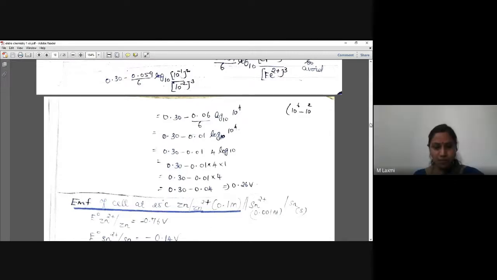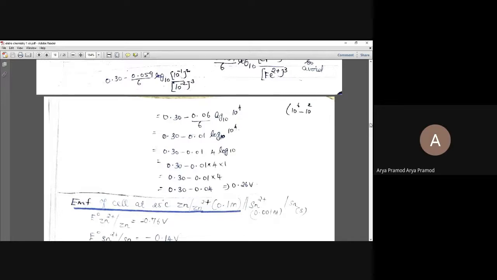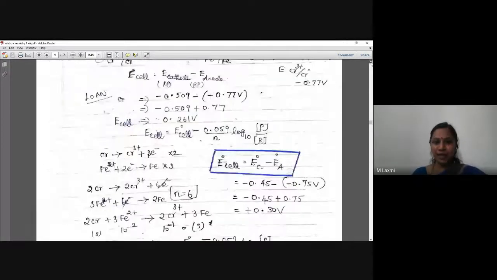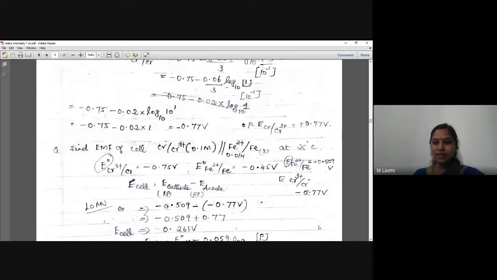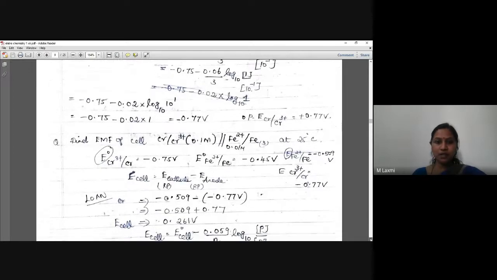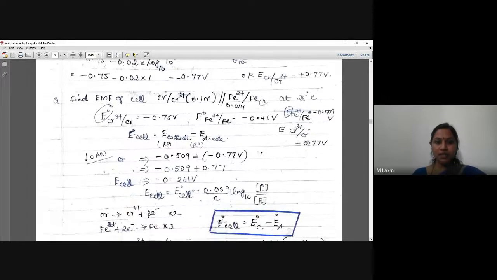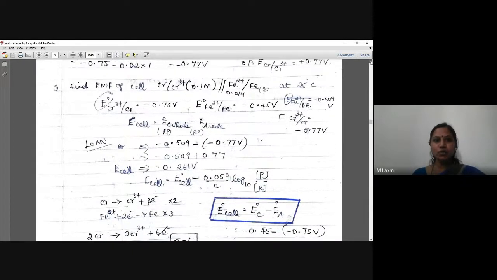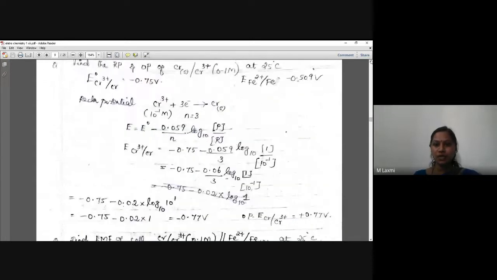Ma'am, I have a doubt. Yes. Ma'am, what's the point of calculating the E cell because we didn't use it anywhere? Even while I was explaining the Nernst equation, I was thinking the same, but they have given all the values. I think I have done a continuation of this numerical.